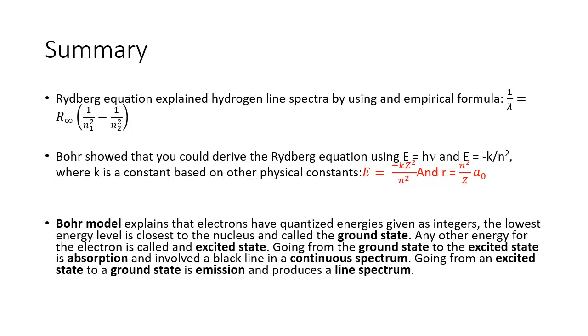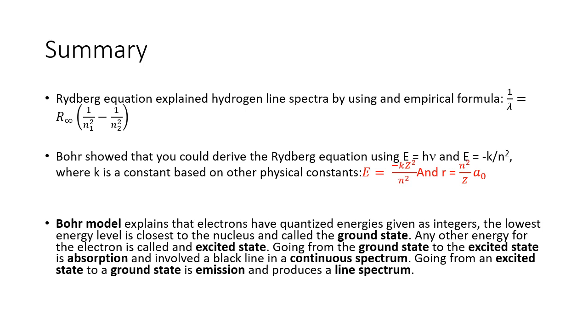All right, to summarize, the Rydberg equation explained the hydrogen line spectrum by using an empirical formula: 1 over wavelength is equal to R infinity, the Rydberg constant, times 1 over n1 squared minus 1 over n2 squared, and n2 was always greater than n1. Bohr showed that you could derive the Rydberg equation using E equals h nu and E equals negative k over n squared, where k is a constant based on other physical constants.